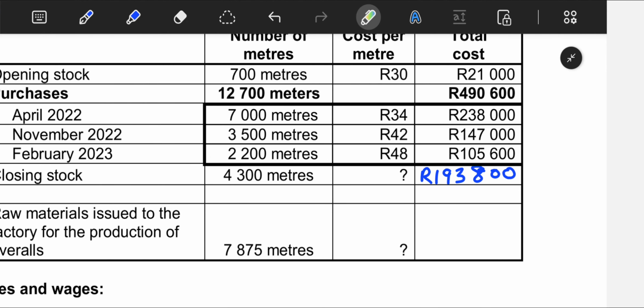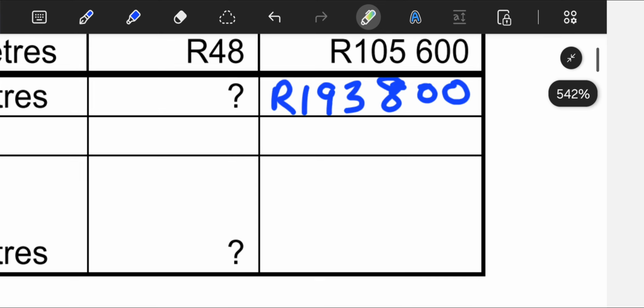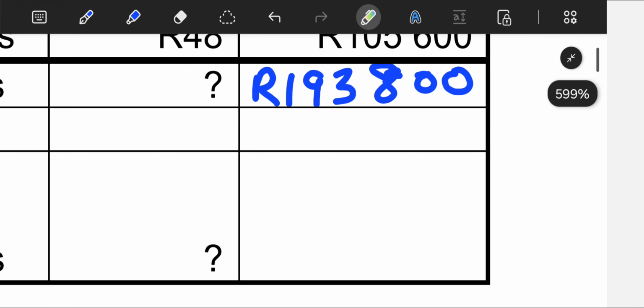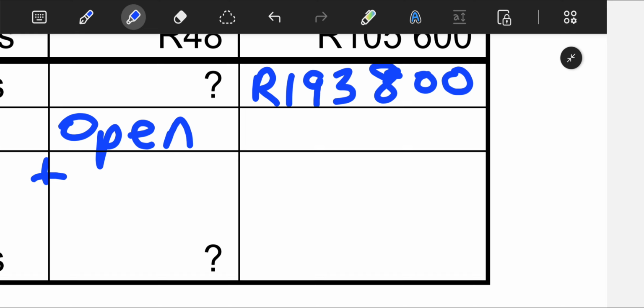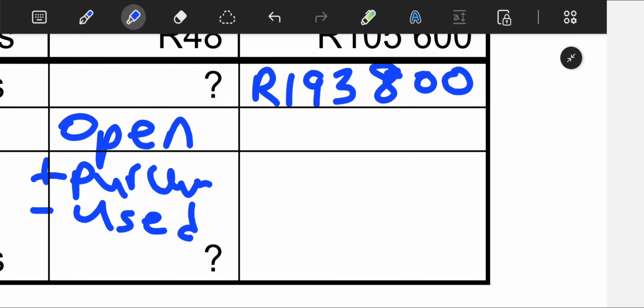This is what happened. Let me just write here to say opening plus purchases minus the ones that we have used is equal to closing.